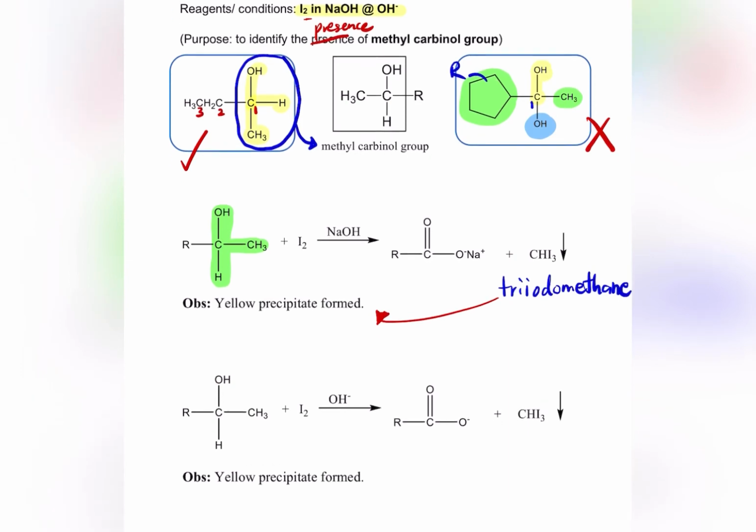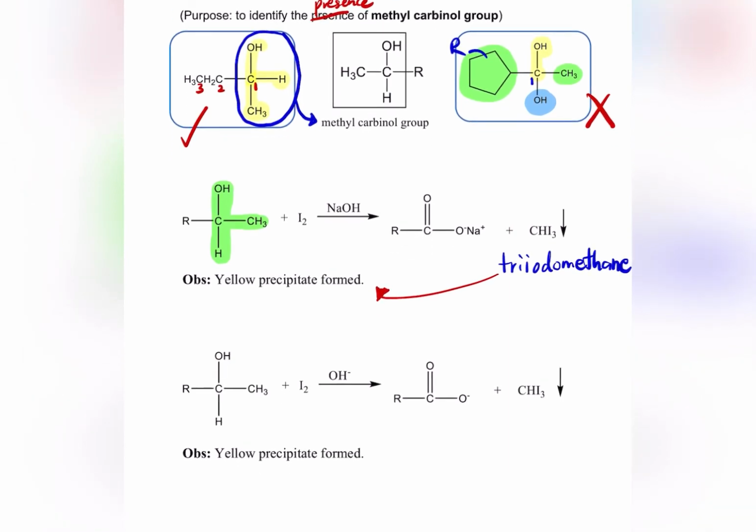The next one is the same for the second equation if you want to use OH minus. Right now, what will happen? The carbon with the alkyl group stays, and on that carbon you have to take out the hydrogen from OH and the hydrogen attached to this carbon, and form the double bond.